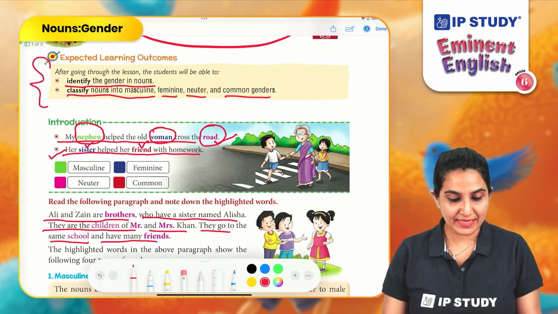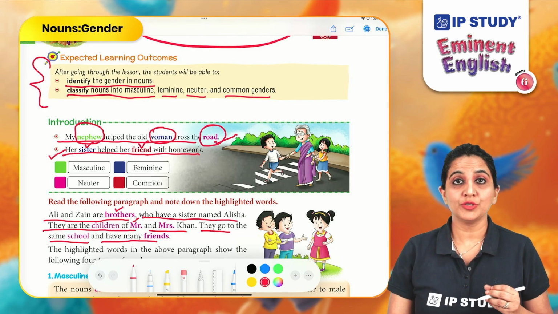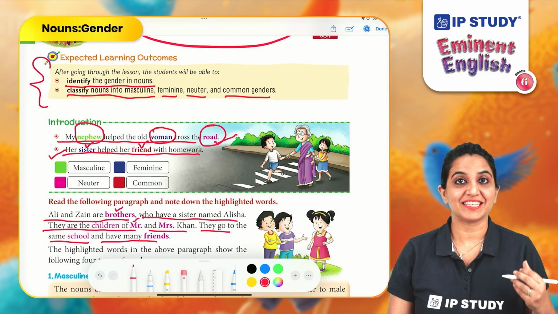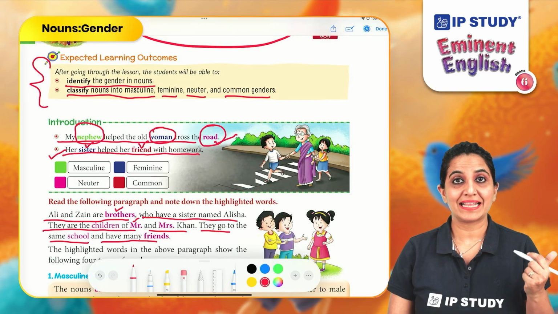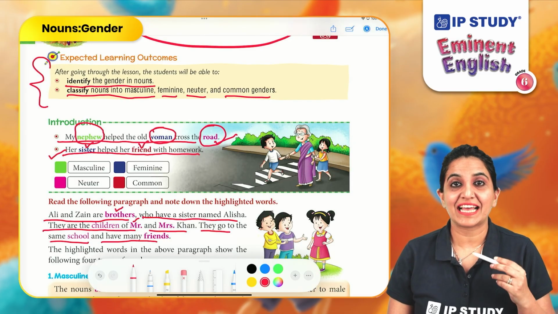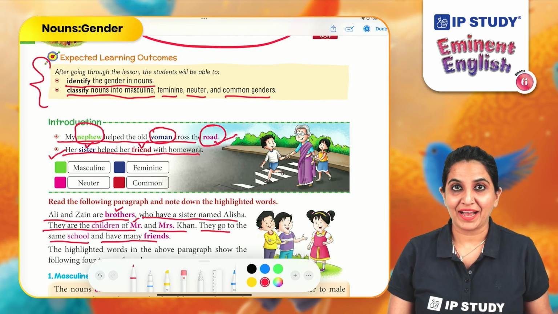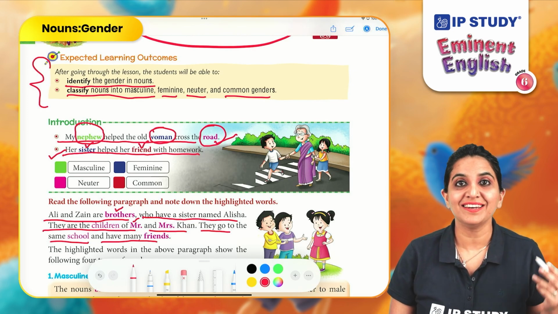Now, in this paragraph, brothers and Mr. belong to the male group. That is why they are masculine genders, the genders which identify them as a male group.